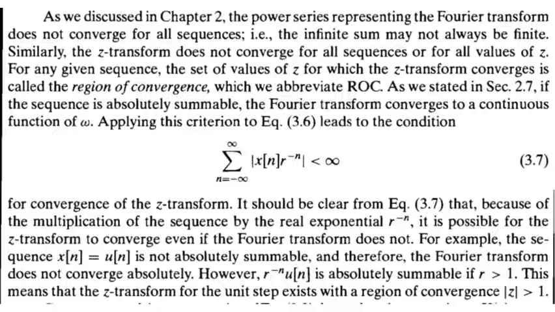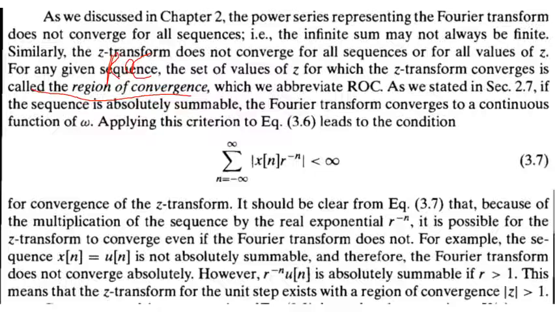Similarly, the Z transform does not converge for all values of Z. So in the Z transform, our goal is to find the values of Z for which it converges, and we call it the region of convergence, or ROC. We have to find out the values of Z for which the sequence is absolutely summable and converges to a continuous function of omega.